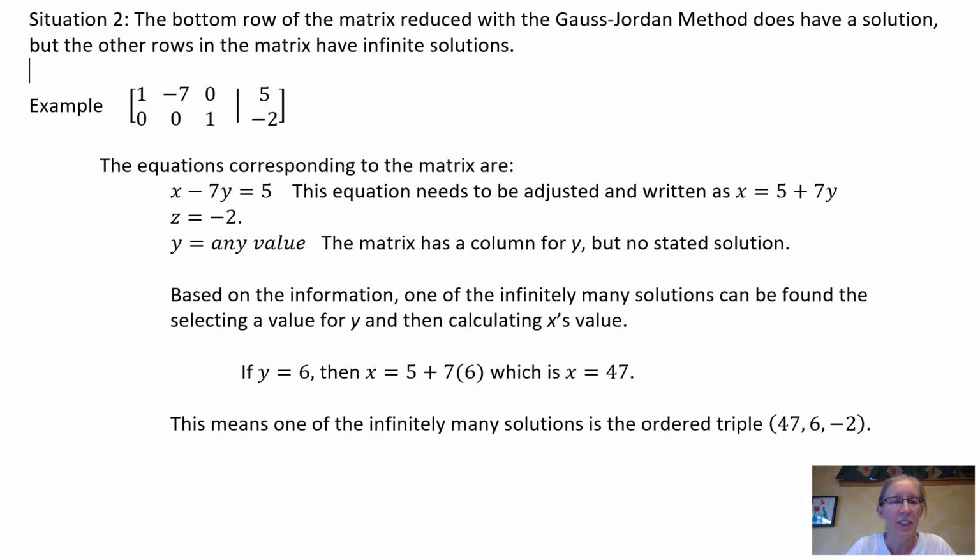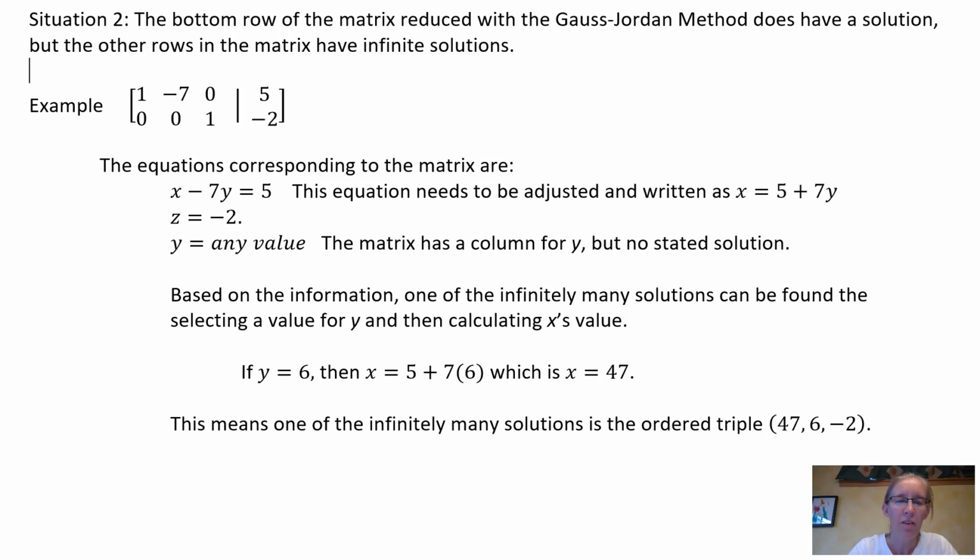A second situation that has infinitely many solutions will be shown in this situation. Situation 2. The bottom row of the matrix reduced with the Gauss-Jordan method does have a solution, but the other rows in the matrix have infinitely many solutions. The example that I have is a matrix that has 2 rows, but it has 3 variables.